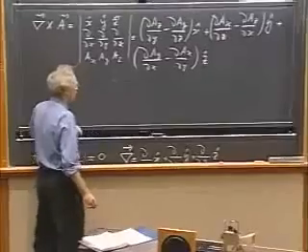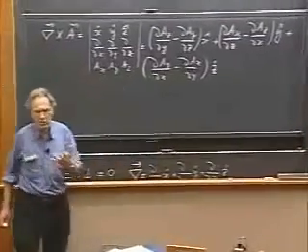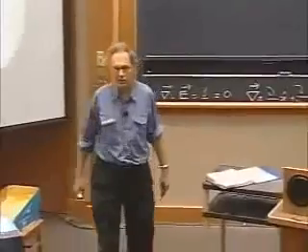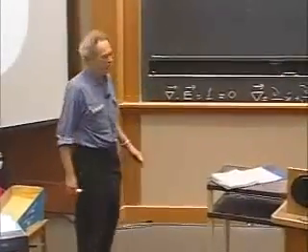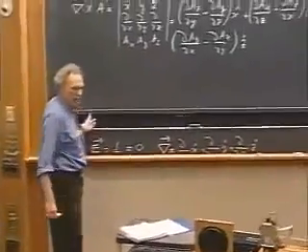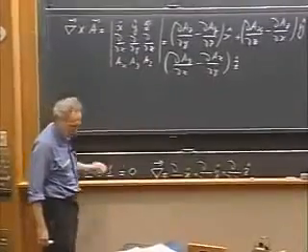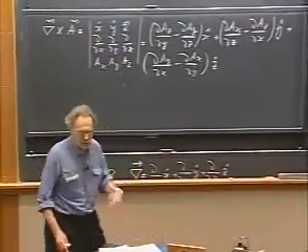There is one and only one vector manipulation with the del vector that I want you to know. I don't want you to remember it, I certainly don't remember it, but we need it today. And that is the curl of the curl.